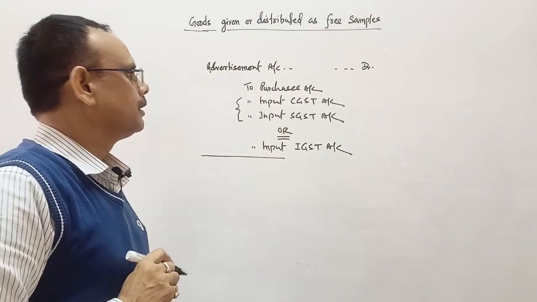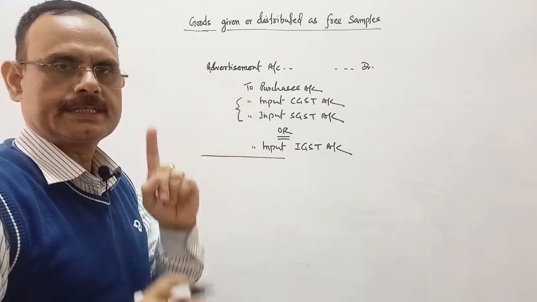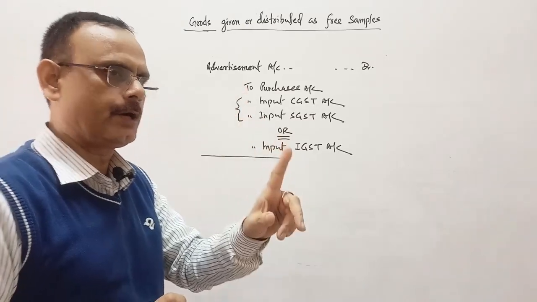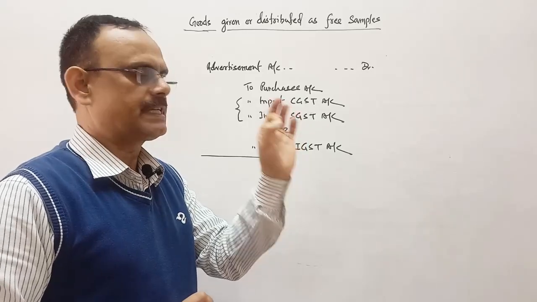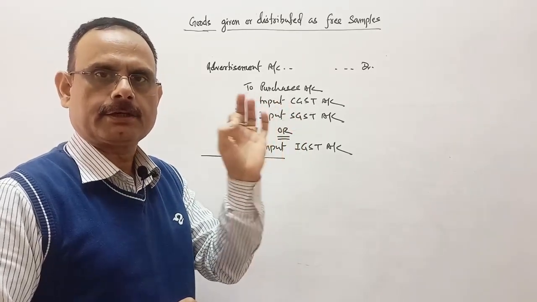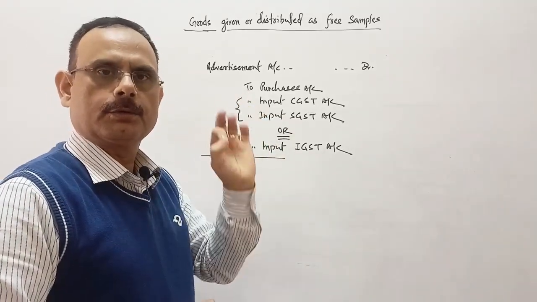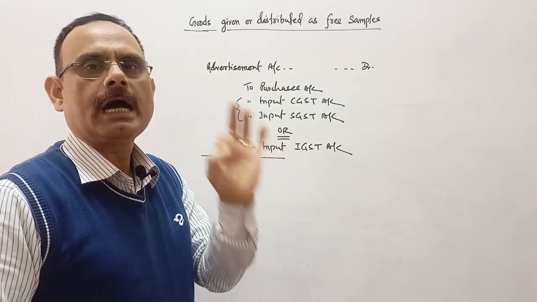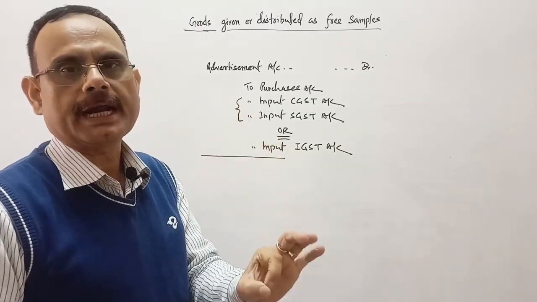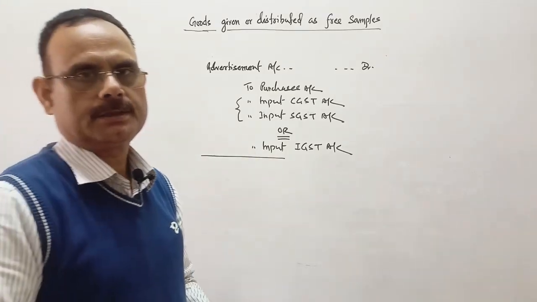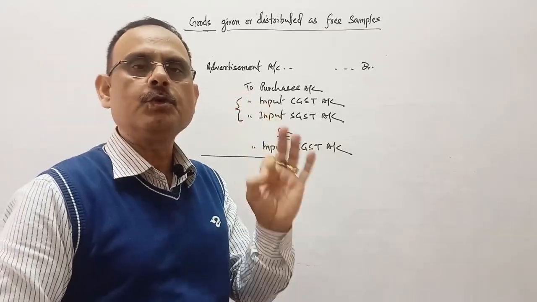So in the trading account we will deduct it from the purchase. Adjustment will be at 2 places. In the trading account debit side, when we write the purchase which is given in the trial balance in the inner column, from that amount we will deduct goods given as free sample. And in the profit and loss account debit side we will write to advertisement.